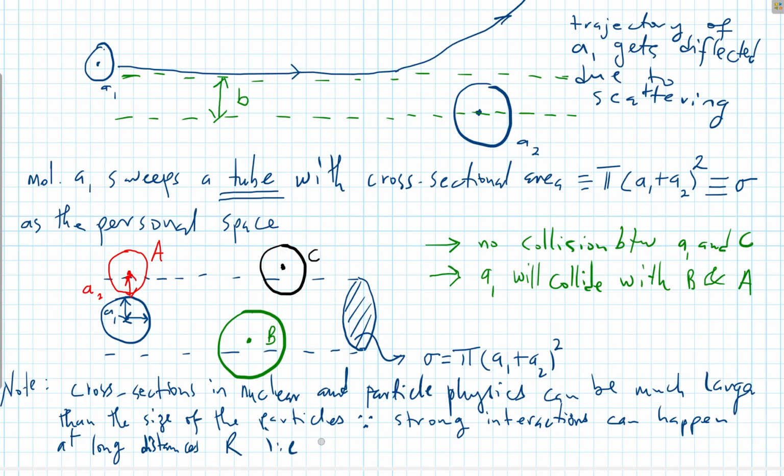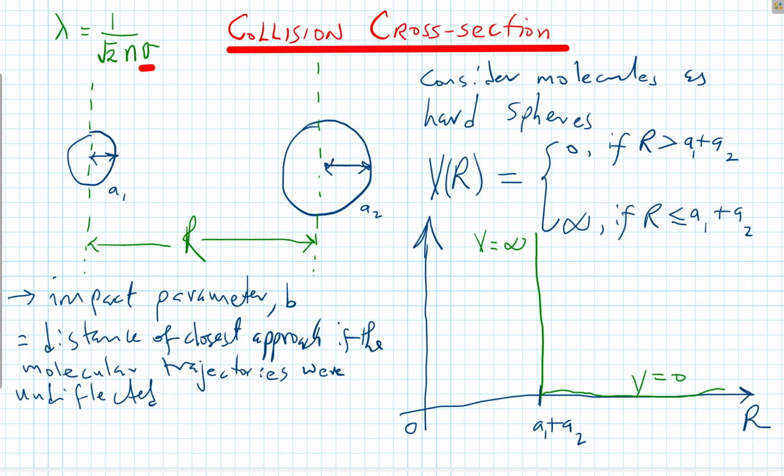That is, V is not equal to 0 at distances R much larger than A1 plus A2. If you remember this sketch, whenever R is bigger than A1 plus A2, the potential energy for the interaction between molecule A1 and A2 is 0, meaning there isn't any interaction between them, because they are separated.